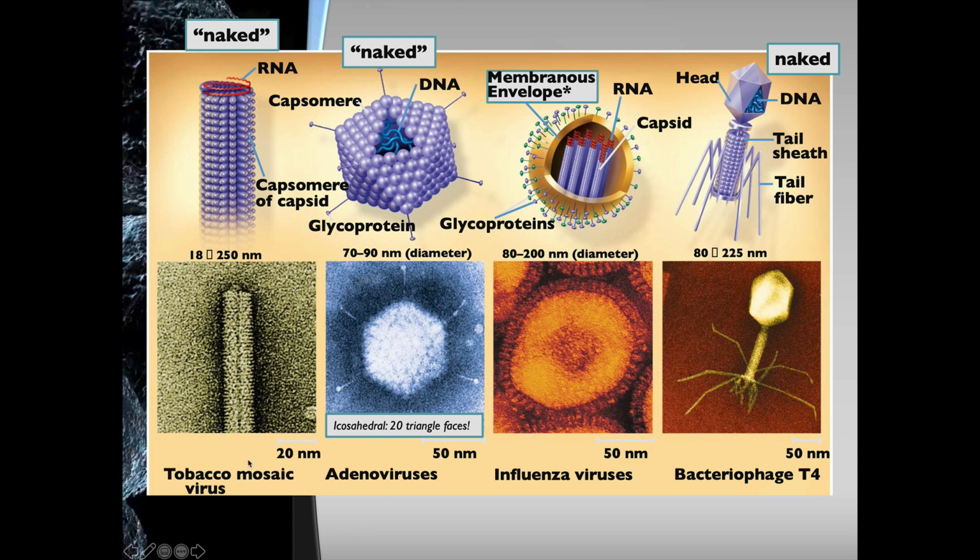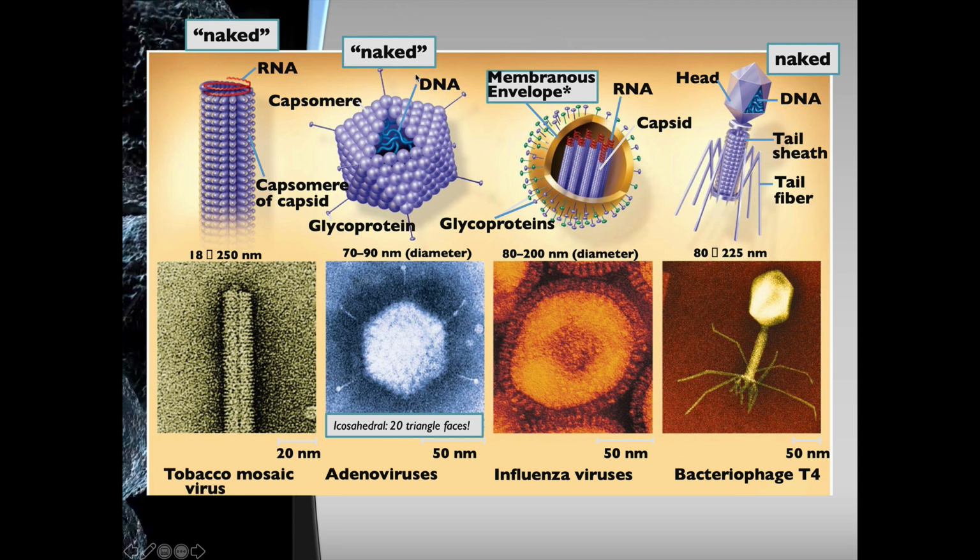Here's a closer look at some examples of different viruses. This is the tobacco mosaic virus. You can see that it has its capsid in a cylindrical type of shape with those protein spikes sticking off of all sides. You can see that the RNA also coils on the inside. This is a plant virus. The adenoviruses are typically your cold viruses, and they will infect typically your upper respiratory systems.